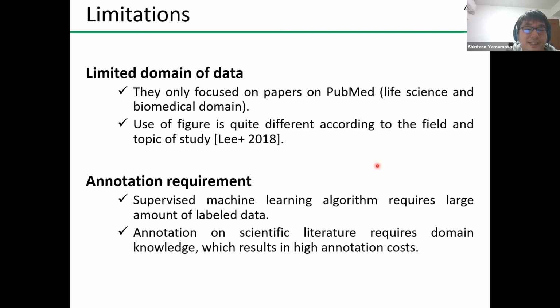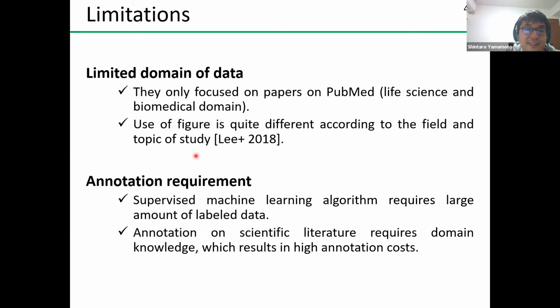Now I explain the limitations of the work of Yang et al. They only focused on papers on PubMed, which mainly consists of life science or biomedical domains. However, Lee et al. found that the use of figures is quite different according to the field and topic of study. So central figure identification in different domains might be quite different.